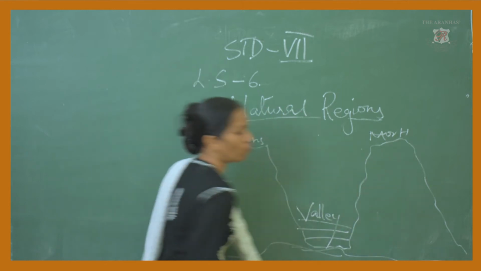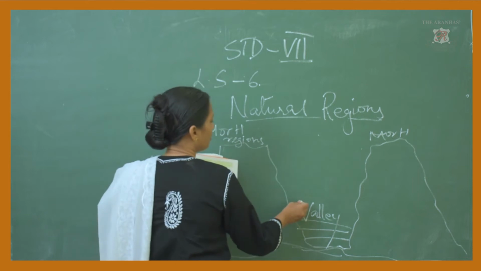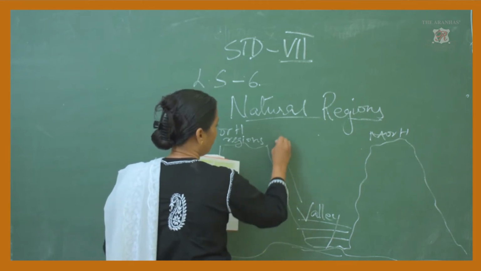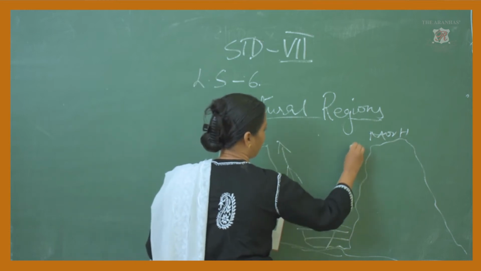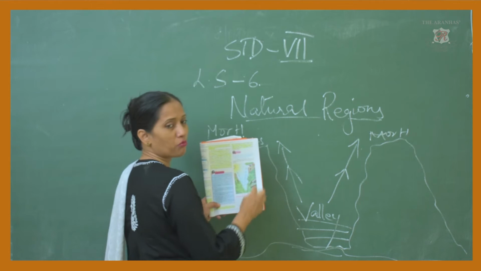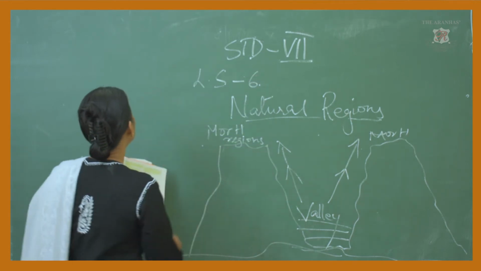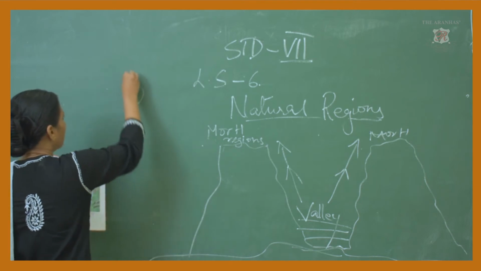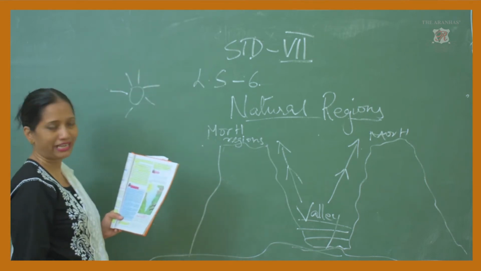According to the diagram, they are showing the wind going from down below to up. They are showing that the winds are blowing from valley to the mountains, and it is the daytime because the sun is also over there.